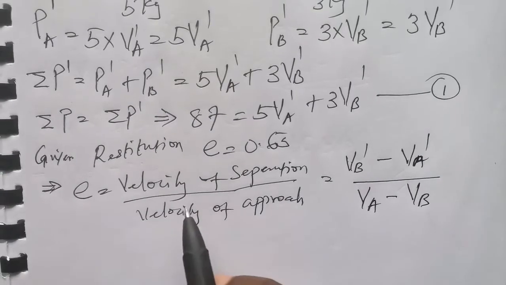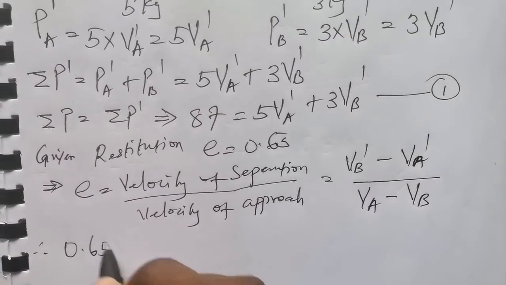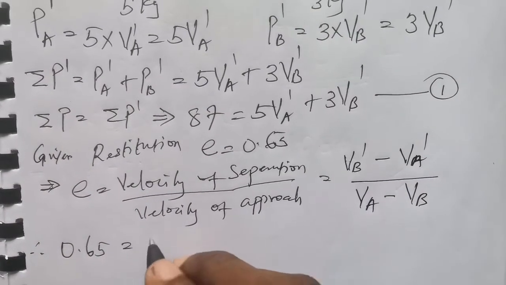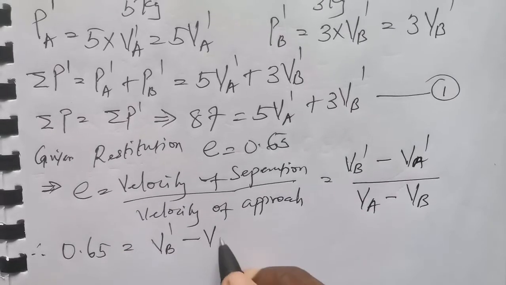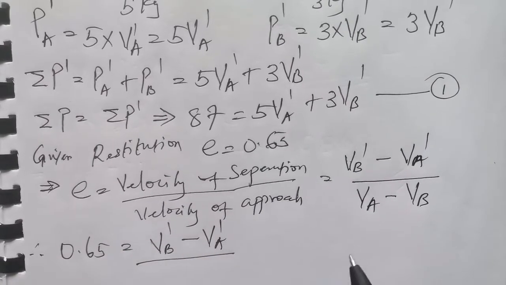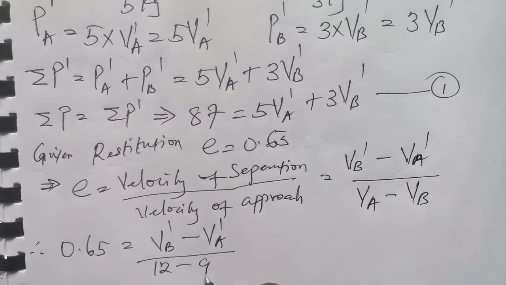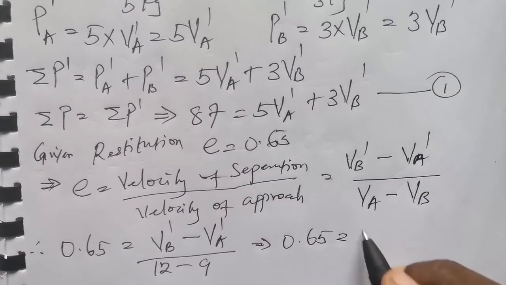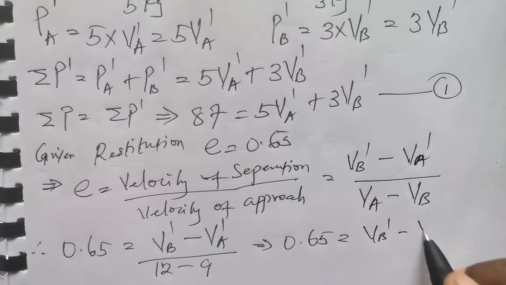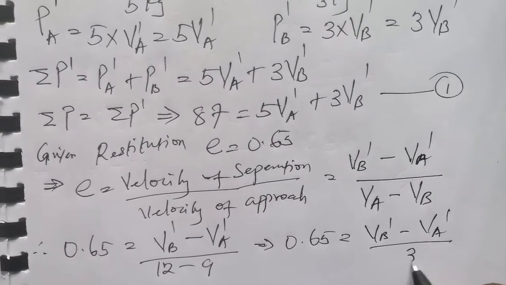The value of restitution was given as 0.65, so therefore you have 0.65 is equal to, we don't know the final speed after collision, so VB prime minus VA prime all over the initial speed of car A was given as 12 minus the initial speed of car B was given as 9. So this simply implies that 0.65 is equal to VB prime minus VA prime all over 12 minus 9, which simply gives us 3.